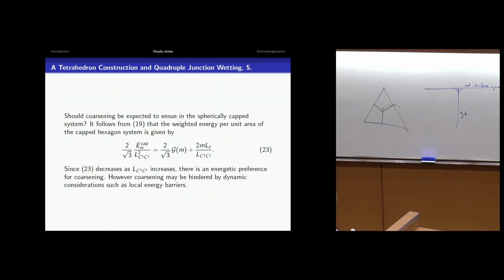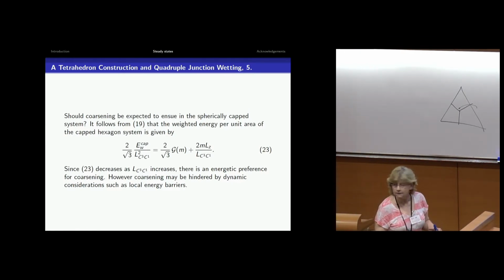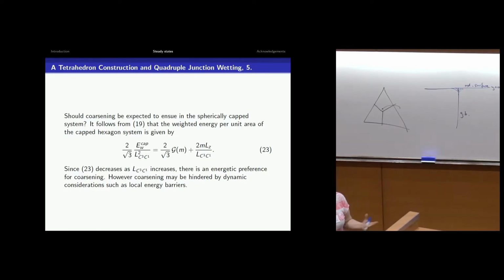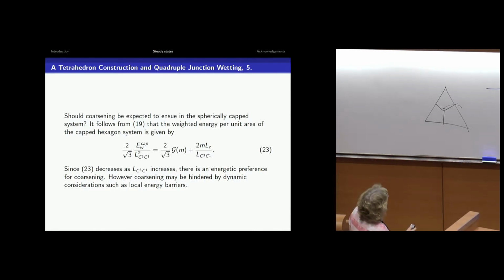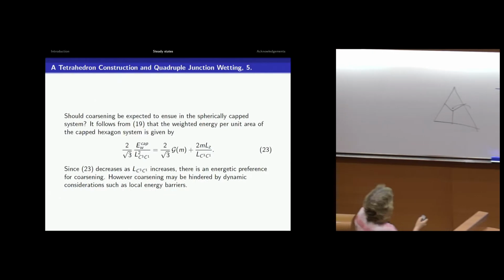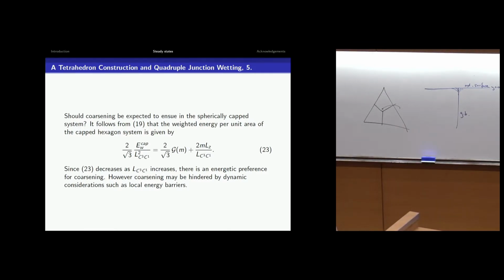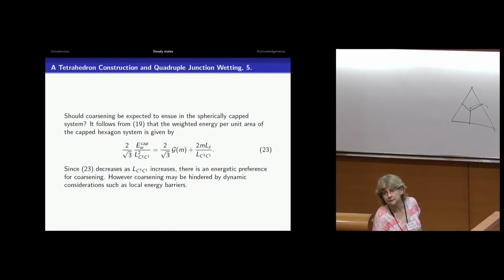Then you say, does the system really want to get stuck at this particular size? You dictate the volume, it dictates the size, okay? But basically, coarsening should occur by some general intuition. And then one finds that indeed, looking at the weighted energy per unit area, you do want to coarsen.